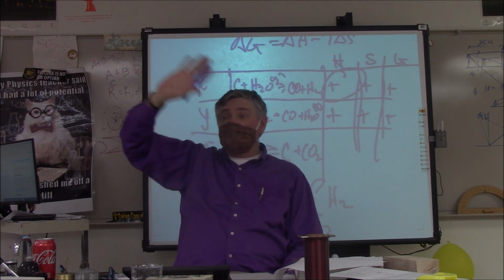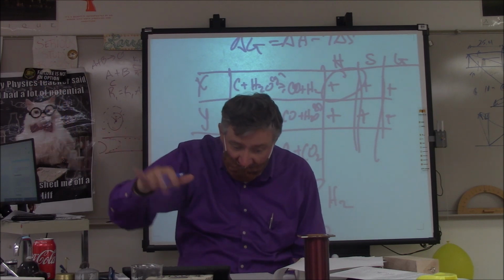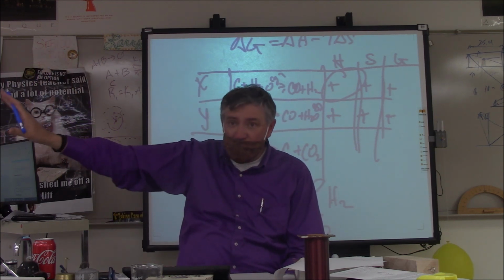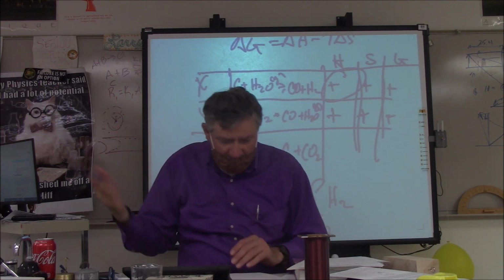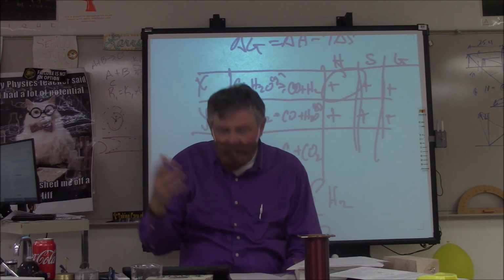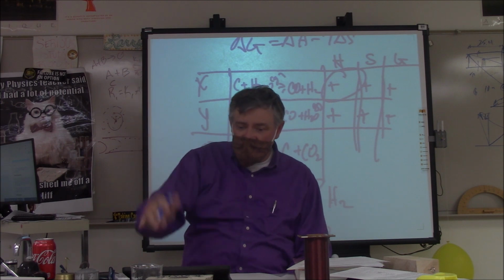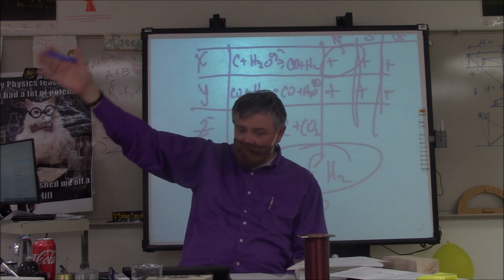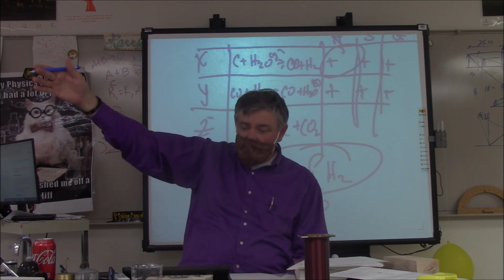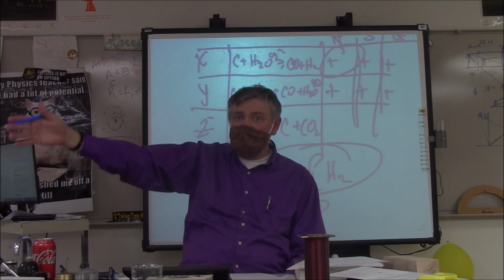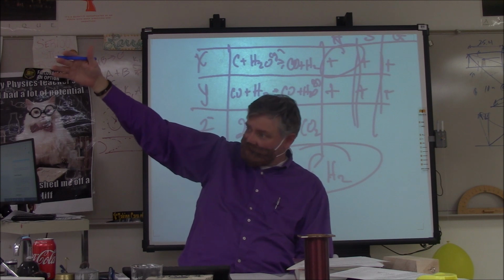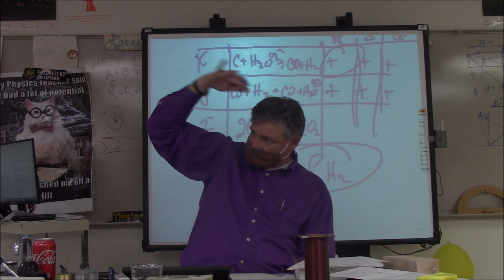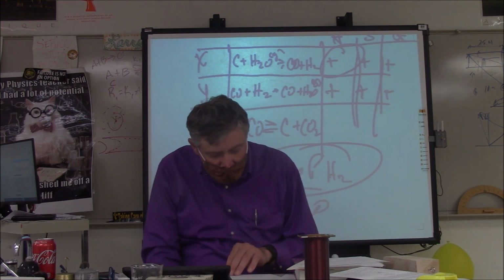Since it's endothermic, you're going to force it over to the product side, and Kp is going to increase because mathematically you're making higher pressures of that carbon monoxide and hydrogen, and because it's an endothermic reaction. Got that.